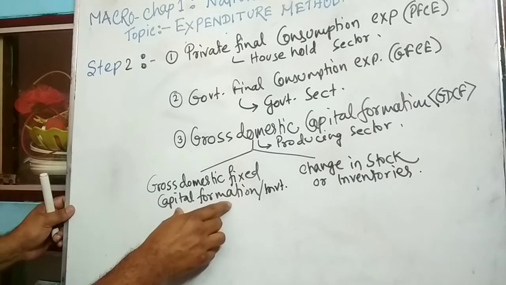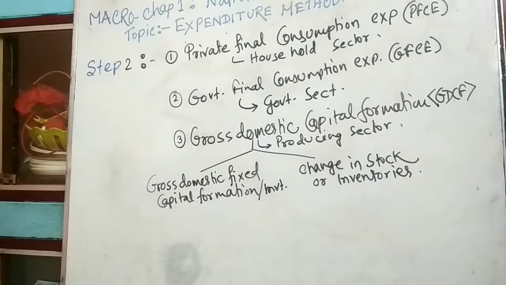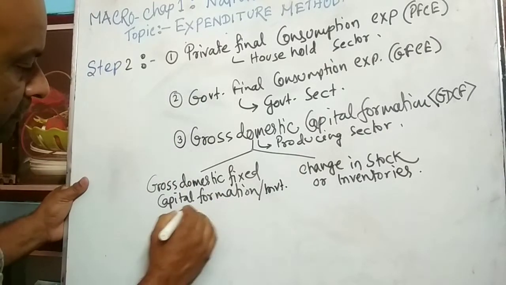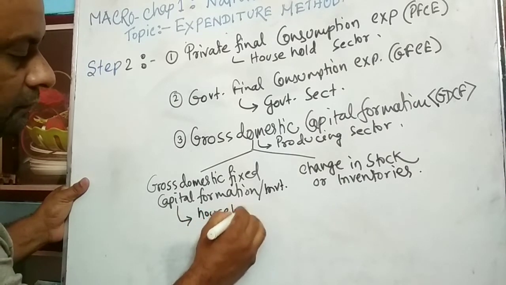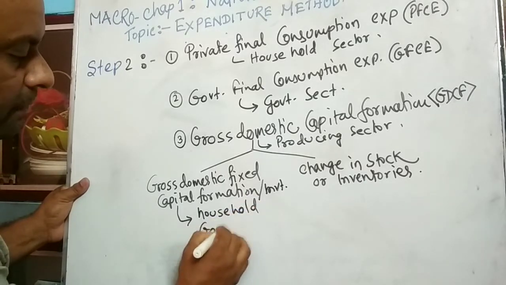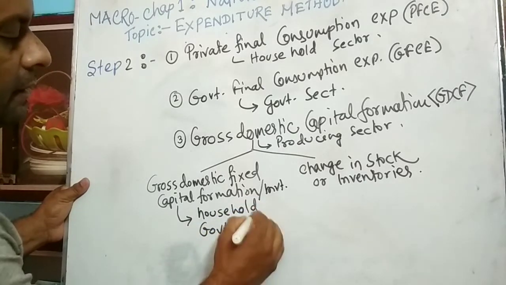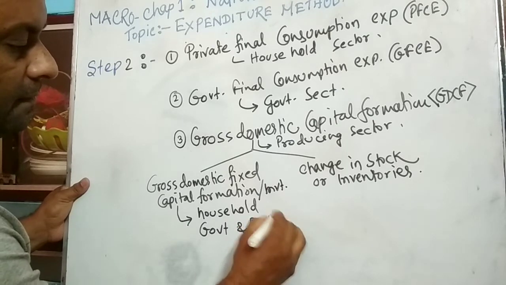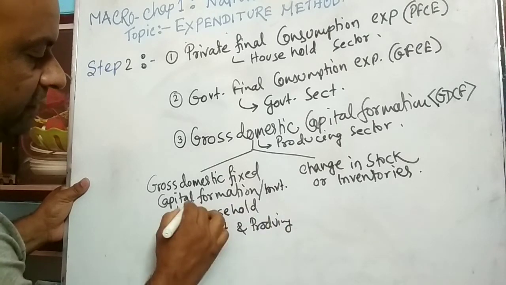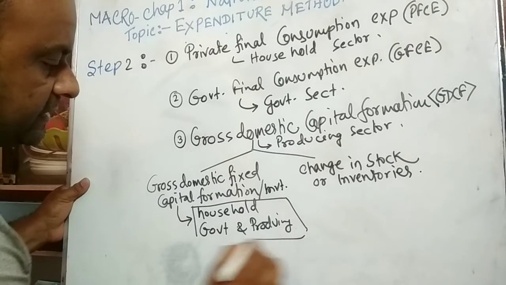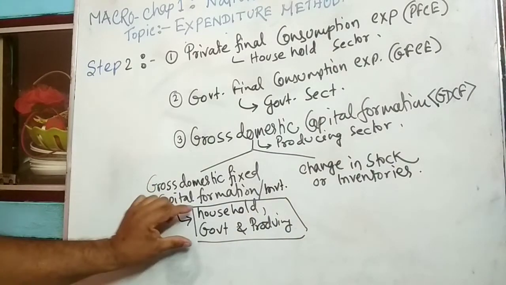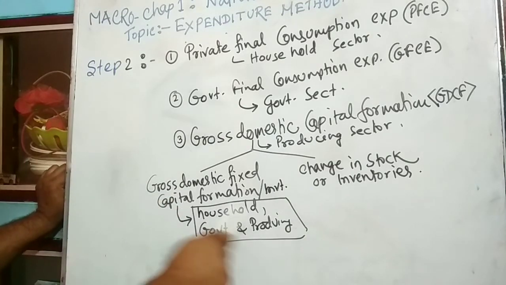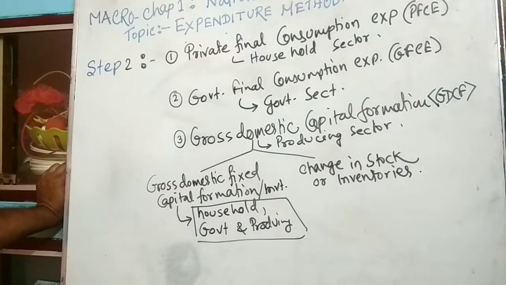Now gross domestic fixed capital formation means the fixed capital formation made by the household sector, the government sector and the producing sector. The fixed investment made by these three sectors comes under gross domestic fixed capital formation. Suppose a household purchases a house, it is a fixed investment.